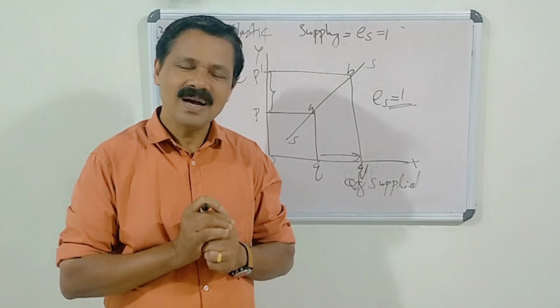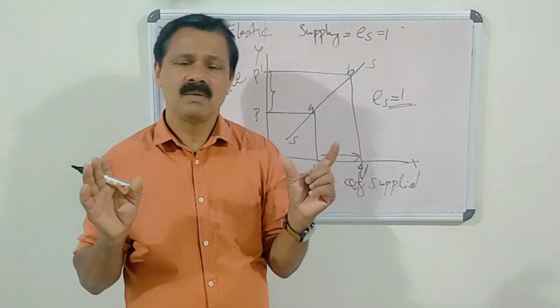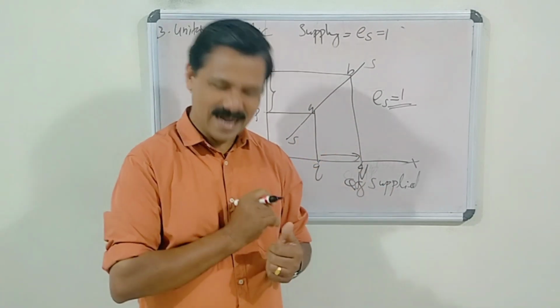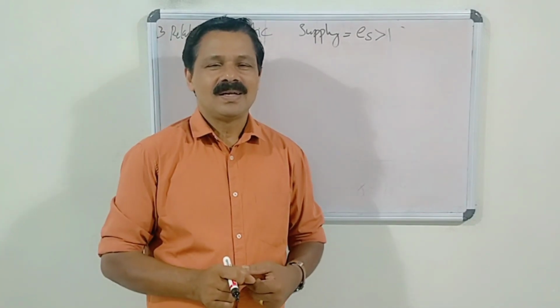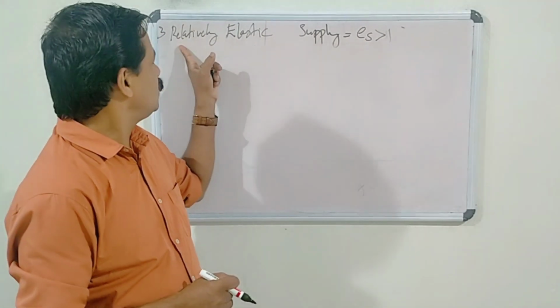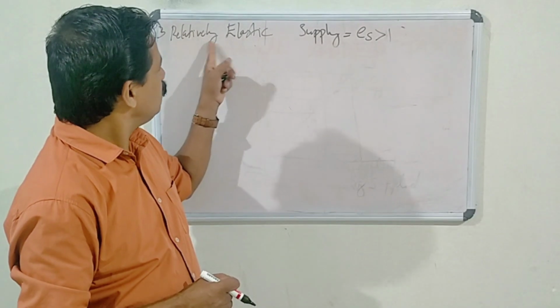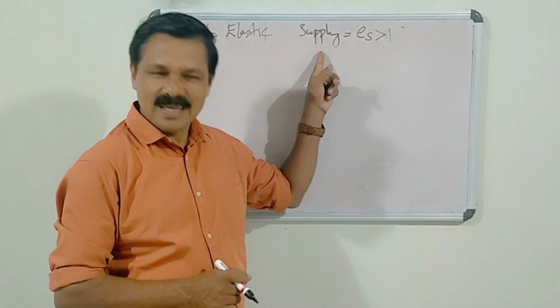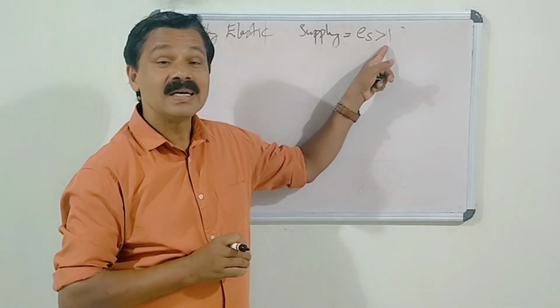That concept also can be easily explained with the help of a particular diagram. Just see the diagram. The fourth type of elasticity of supply is relatively elastic supply. Here the value of elasticity is greater than 1.